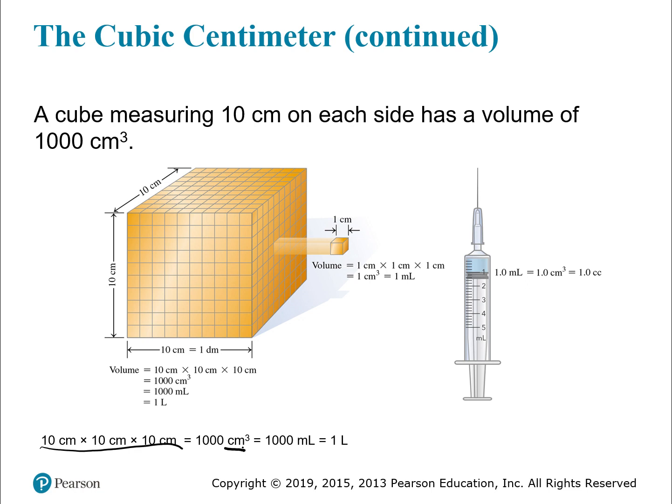And just from our equalities in the table, we know that a milliliter is 10 to the minus 3. So in order to have 1 liter, we have to have 10 to the third milliliters. So that's how you can equate the two, the centimeters cubed and the milliliter.